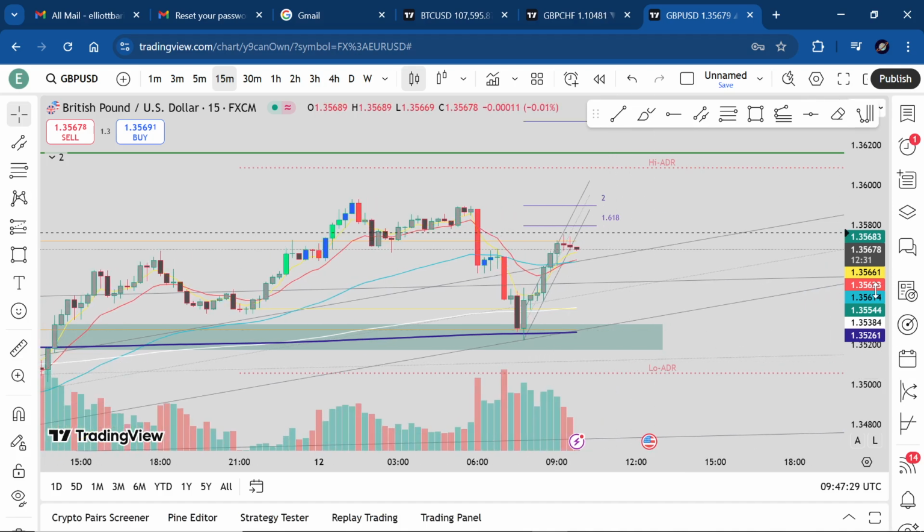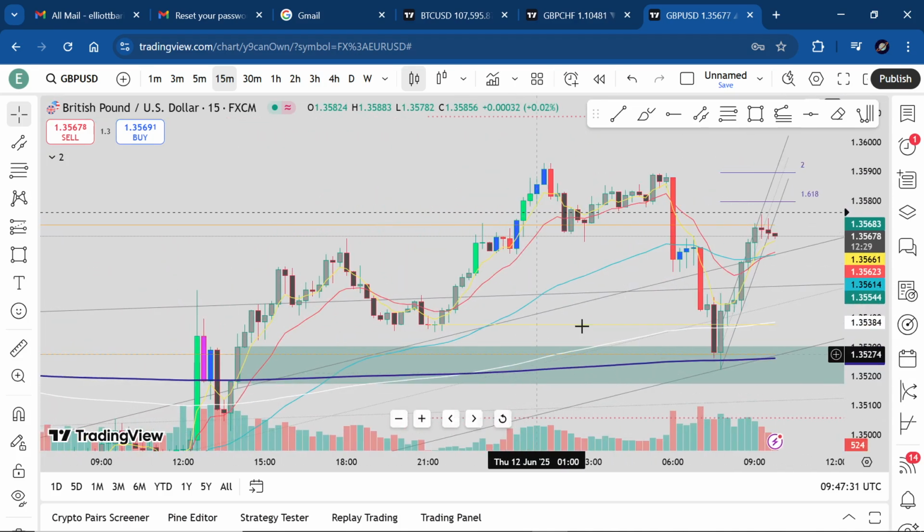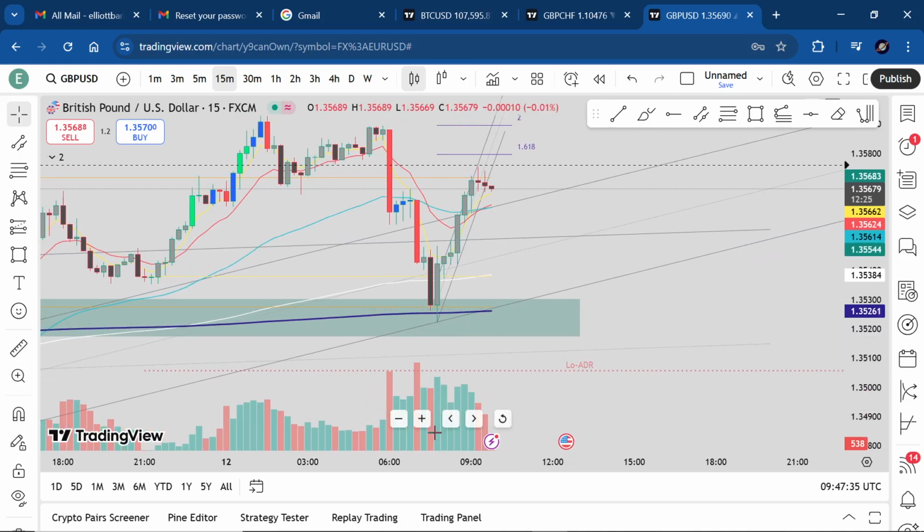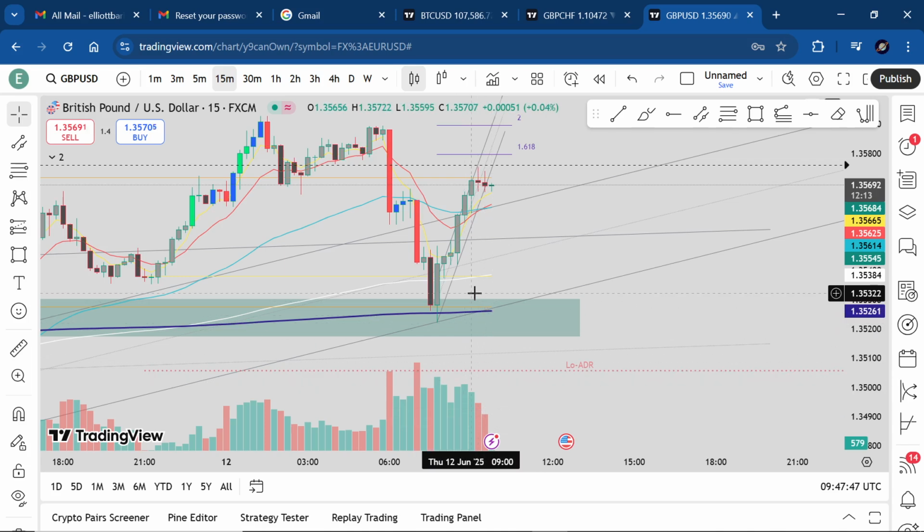It's looking like it wants to reach these EMAs down here before continuing. As you can see, the volume, okay, and this move up, the volume went up, came up from here, came down a bit, and then 1, 2, 3, all ascending. That shows me signs of a trend from this point, from this candle.